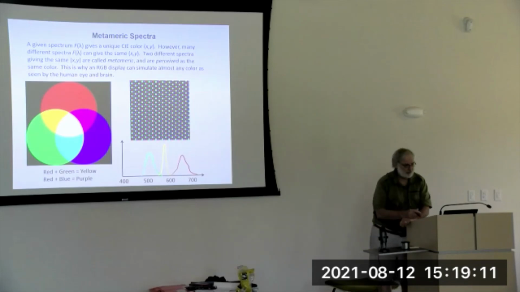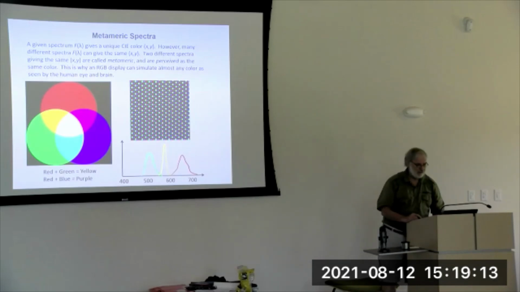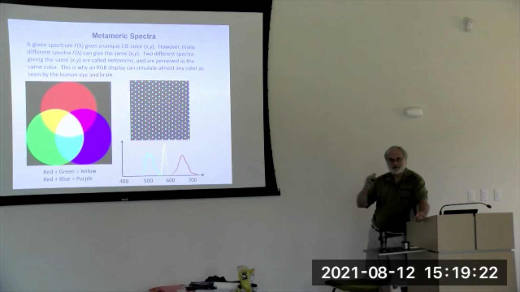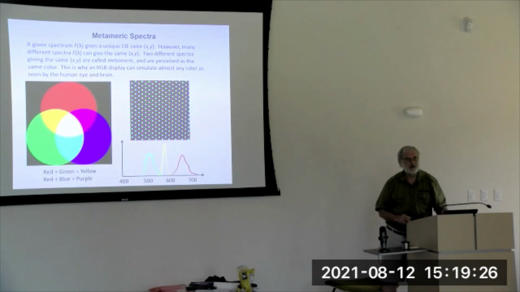But we always used to do in the first day's lab, we would take a little magnifying glass and look at the pixels and look like right here, and all you see are red and green pixels lit up. We can't do that anymore because all the screens now are such high resolution that you have to have a microscope to see the pixels, so it kind of doesn't work.